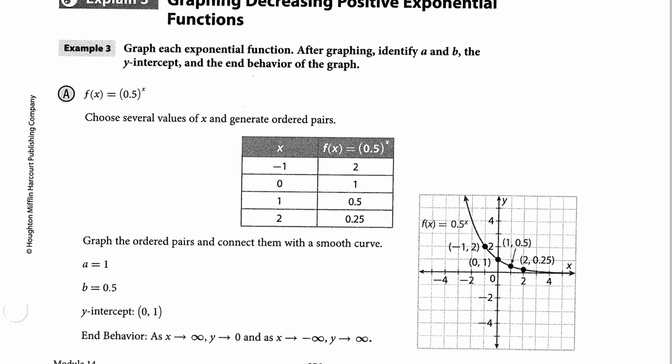B is 0.5. The y-intercept occurs at (0, 1). And as x approaches infinity, y approaches 0. As we're moving to the right, our line gets closer and closer to 0. As we move to the left, y gets closer and closer to positive infinity.